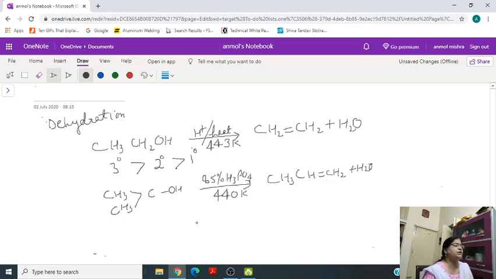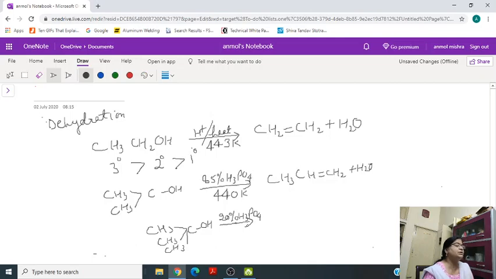In the case of tertiary alcohol, only 20% phosphoric acid is used.